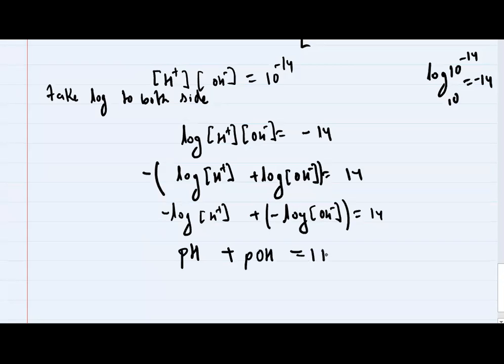And this is equal to 14. Got it? It means for any solution, the sum of pH plus pOH should be 14. Okay, everyone? Yes or no? Everyone agree? Okay, just raise your hand.